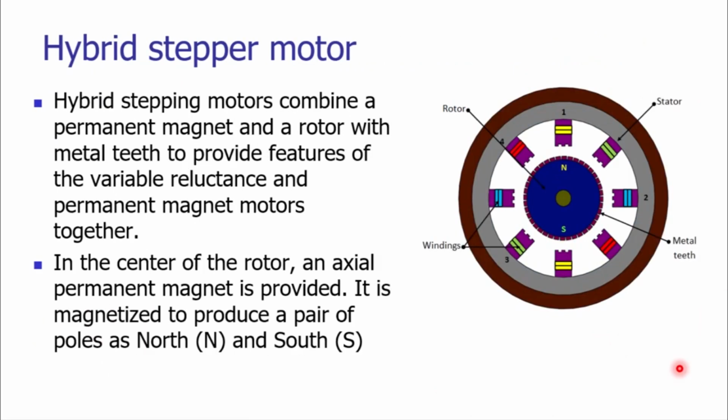So we have seen there are certain limitations to the permanent magnet stepper motor and the variable reluctance stepper motor. These two types of motors do have certain good advantages.